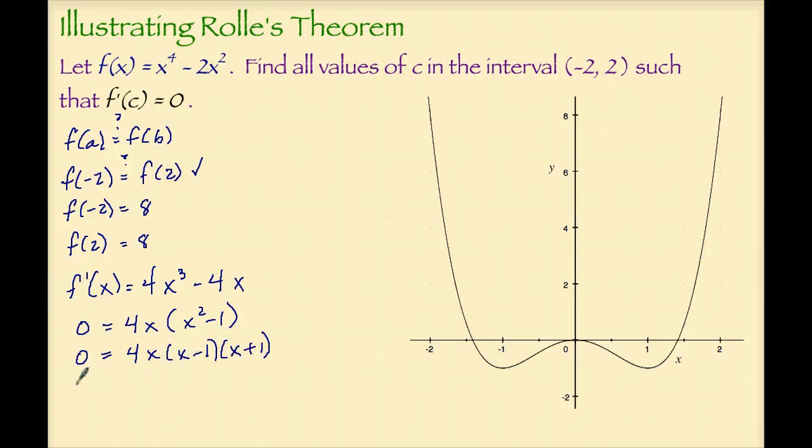Each of these three factors, set equal to 0, will generate a value for us, a place where the slope is 0. This one is going to be at 0, and then x minus 1 equals 0 gives us x equals 1, and then x plus 1 equals 0 gives us x equals -1. So we didn't just find one place between -2 and 2 where the slope is 0, we found three places, at -1, at 0, and at 1.